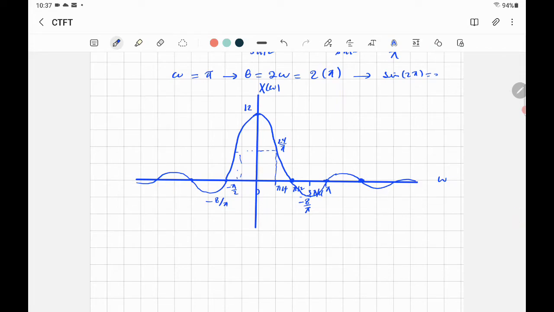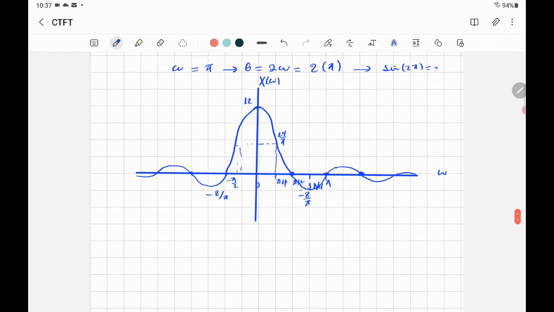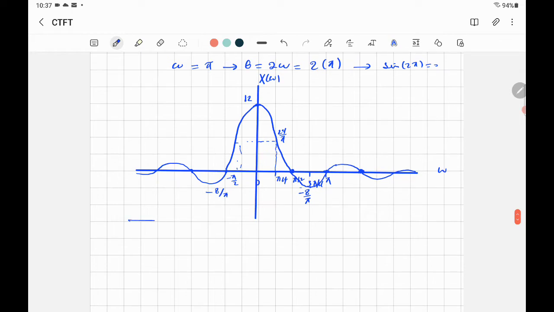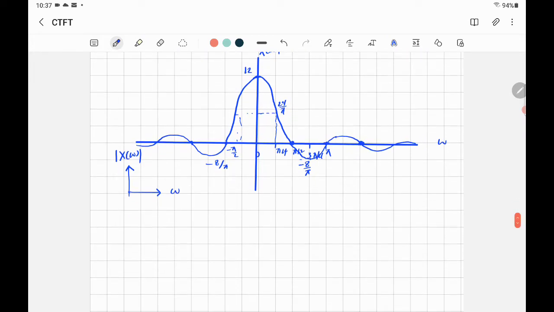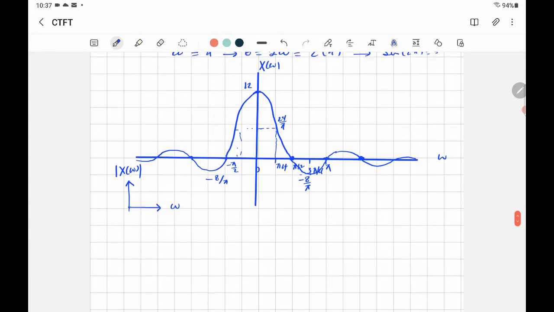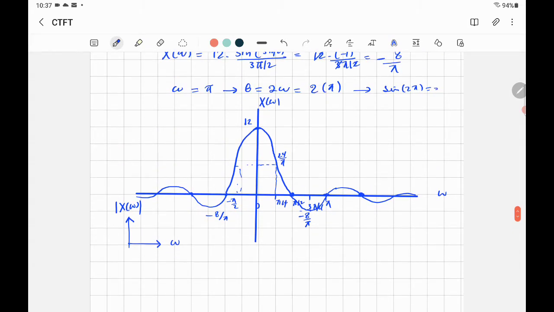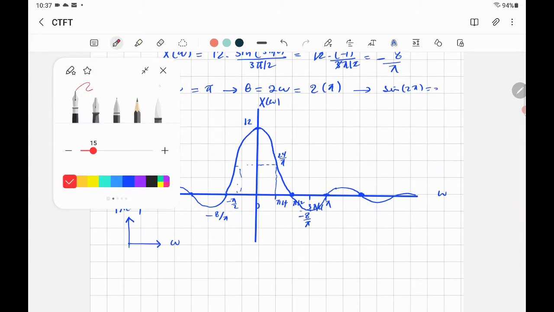But what about the magnitude spectrum? Magnitude spectrum means you want to sketch the relationship between omega and the magnitude of X of omega. What does it mean? It means you just keep the value and don't put the sign or the angle. So let's just do that. I'm going to do it on the same curve, just choosing a different color.